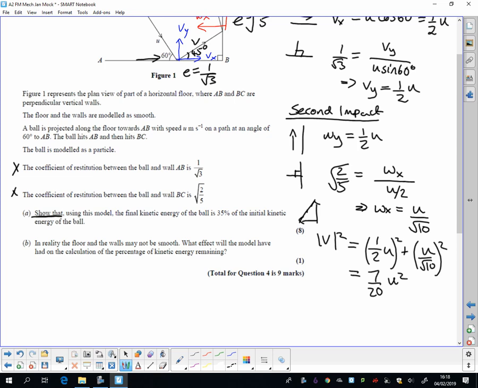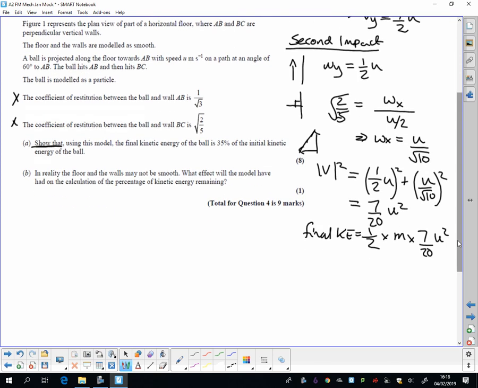So this is now my final speed that I can use to get the kinetic energy. This is why I left it as w squared and I didn't bother square rooting it, because for kinetic energy I want a half m w squared. Right, so that's my final kinetic energy.